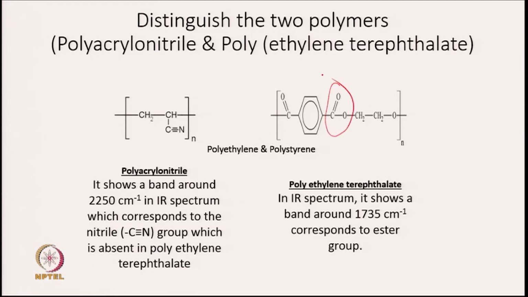So, just by looking at the frequency absorption of the ester group, which is around 1735 centimeter inverse, you can know whether you have polyethylene terephthalate or polyacrylonitrile. So, two polymers can be distinguished using IR spectroscopy.